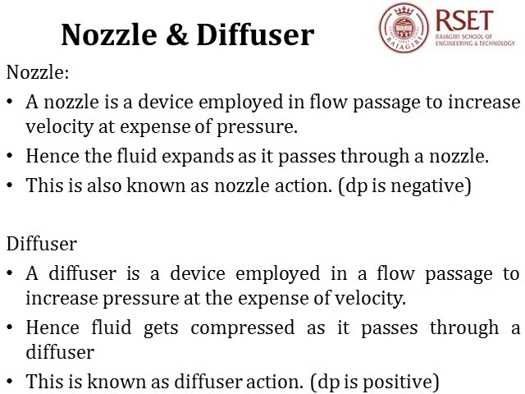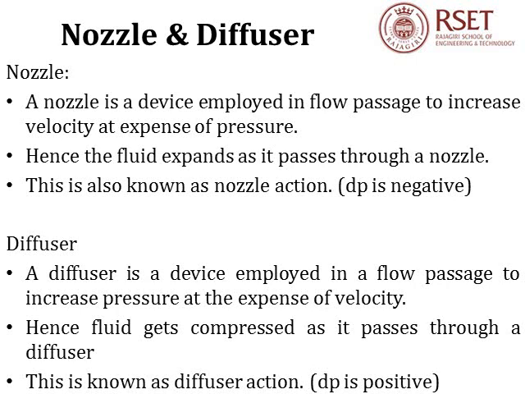As the fluid passes through a nozzle, its pressure reduces and velocity increases. So basically a fluid expands as it passes through a nozzle. This is known as nozzle action.